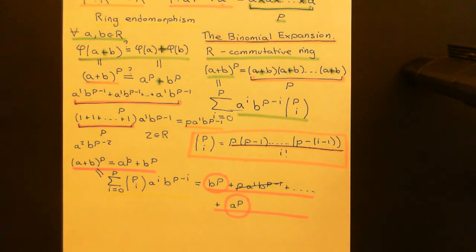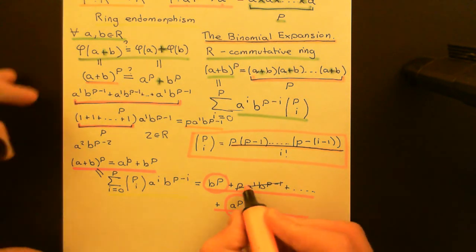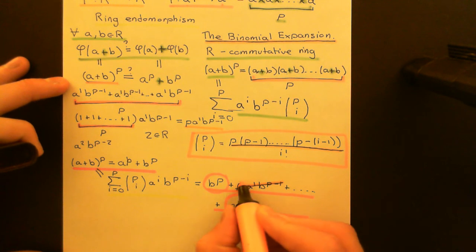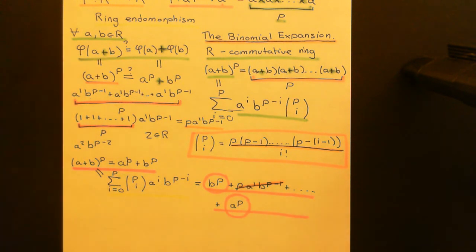And in fact, the same thing is going to happen for all of the intermediate terms, because they're all going to have binomial coefficients which are multiples of p. Again, that just means 1 plus 1 plus 1, a multiple of p times, so you can just split it up into those of 1 plus 1 plus 1, p times, and conclude that 1 plus 1 plus 1, any multiple of p times, is also going to be equal to 0.